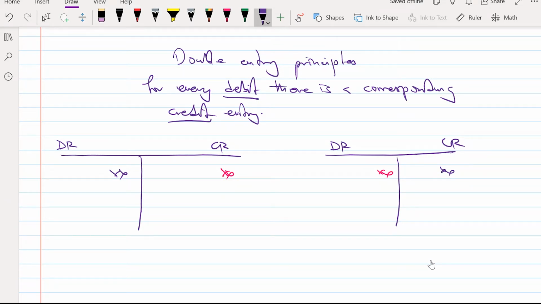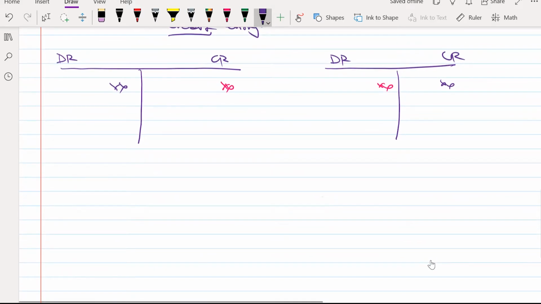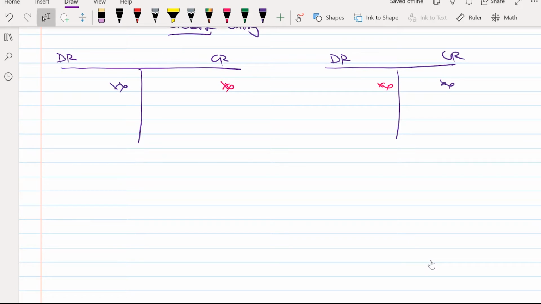It's not a fact of what accounts are we talking about, what should we be looking out for, and so on and so forth. Now, of course, there are so many rules to it. A lot of people have said we should debit the receiver and credit the giver.